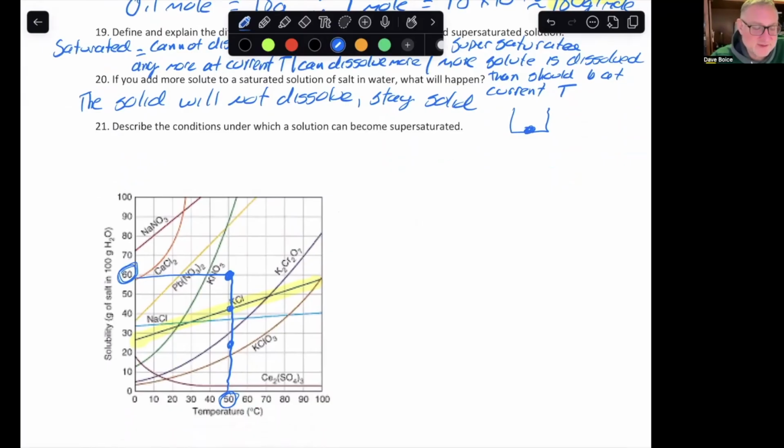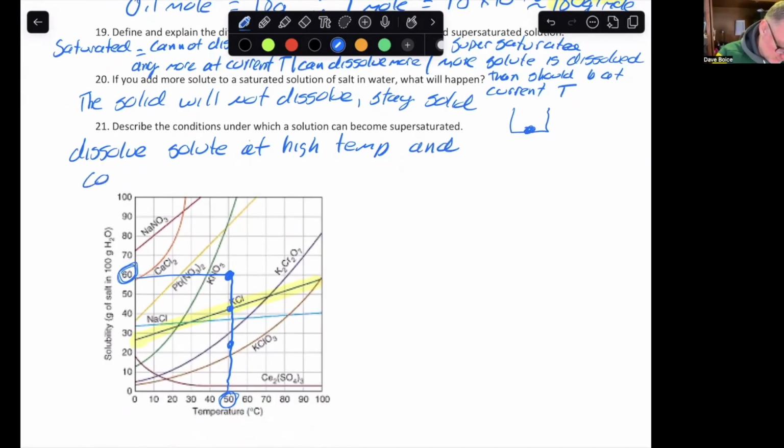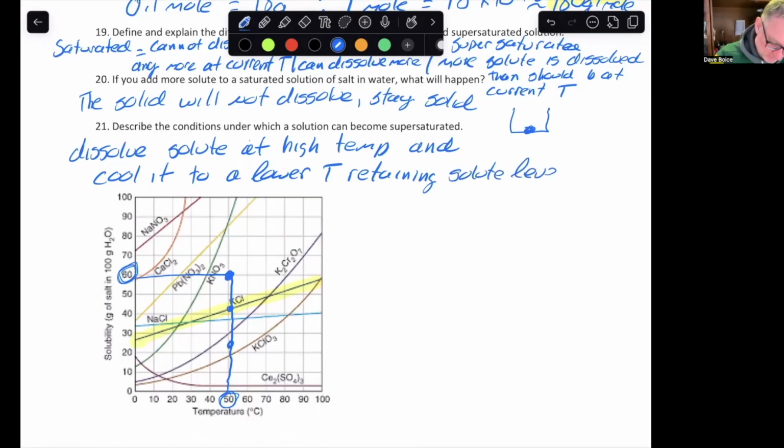Okay, and how can we create a supersaturated solution? Dissolve solute at high temp and cool.